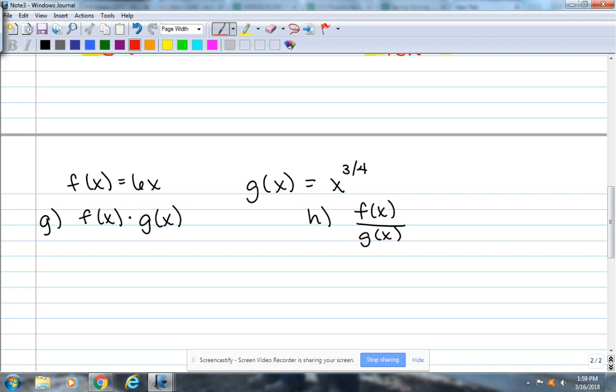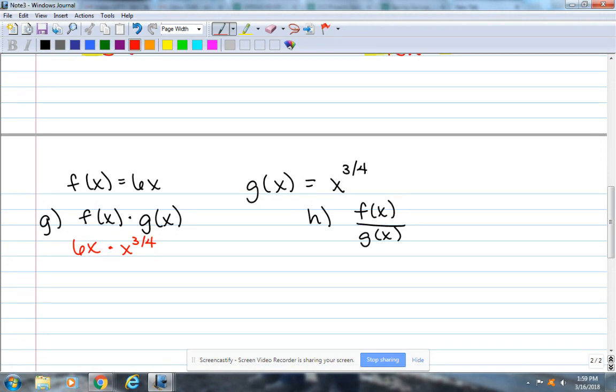So for f of x times g of x, I'm multiplying. So I'm going to multiply 6x times x to the 3/4. Now, aren't those x's like bases? So what do I do if I'm multiplying two things with the same base? Add the exponents, right?